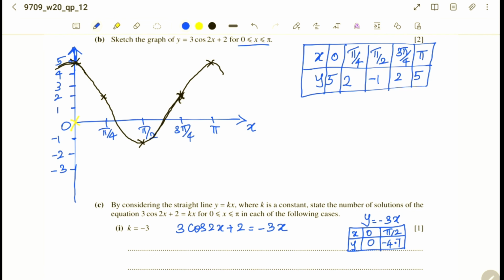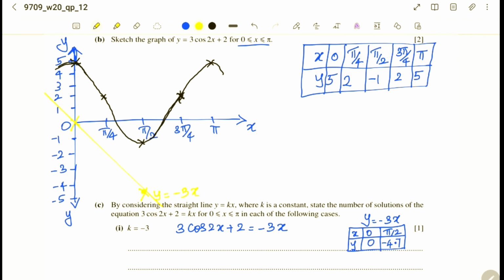Negative 3, negative 4, negative 5. Let's join these 2 points. So this is the line y is equal to negative 3x.